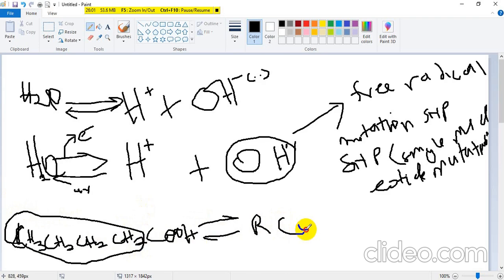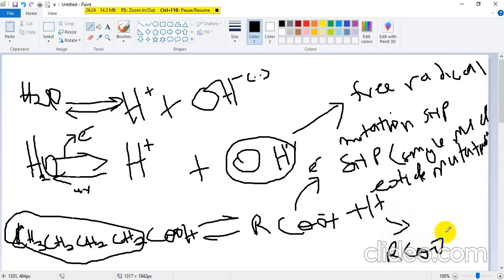When it's broken down, instead of having this minus plus H plus, but when there's a loss of an electron, E minus, this will lead to the formation of a free radical. This is what we call lipid peroxidation.